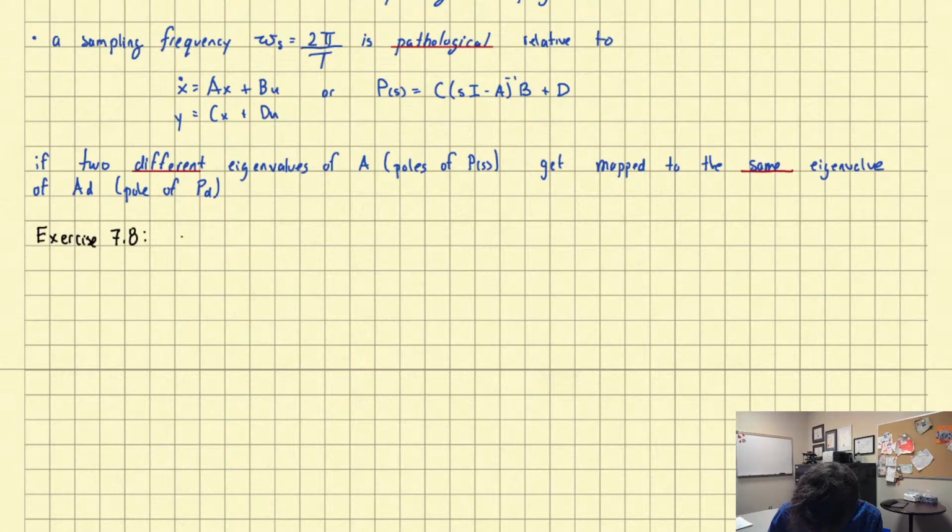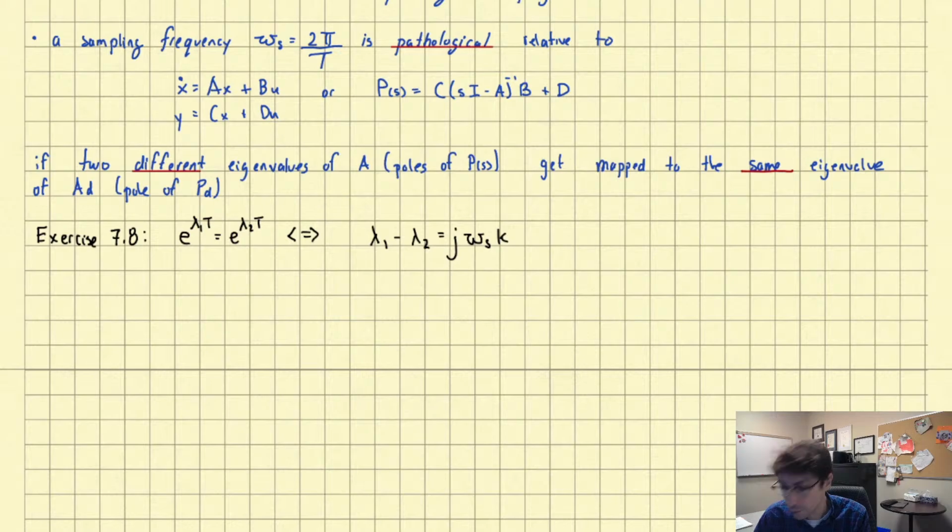And so what we want to avoid for pathological sampling is that two different eigenvalues of A, lambda 1 and lambda 2, don't result in the same discrete time eigenvalue. And this can only happen if the difference between the eigenvalues is purely imaginary and an integer multiple of the sampling frequency.